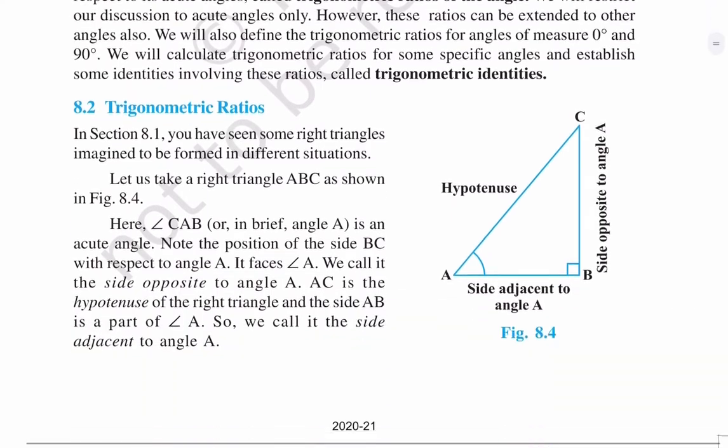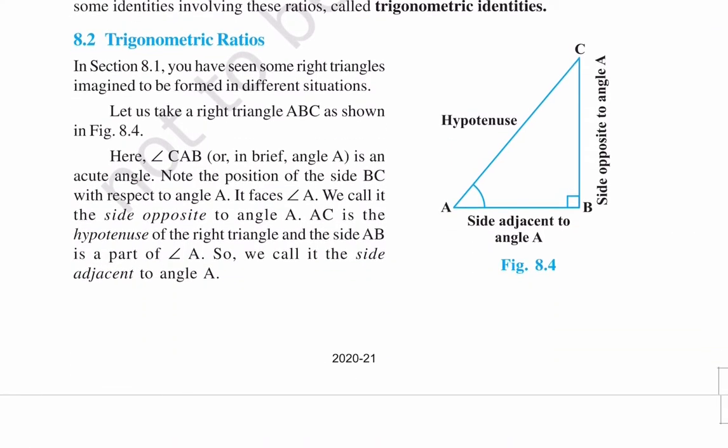So, what is the trigonometric ratio? You have seen some right angle triangles formed in different situations.